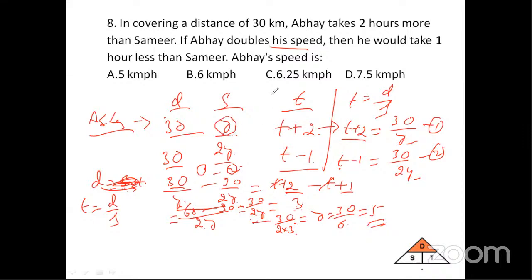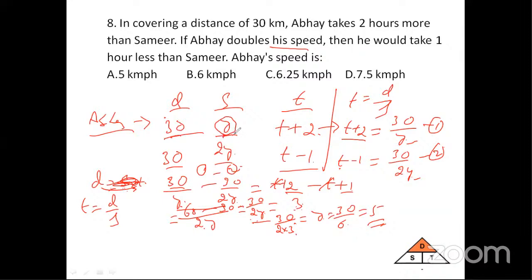I'll just quickly repeat. I know this is slightly complicated because it has got some equations. So do not worry. I'll repeat it once again slowly so that you will understand. Observe carefully. Abhay speed, what is happening here? Abhay speed doubles here. So first case, the distance was same.